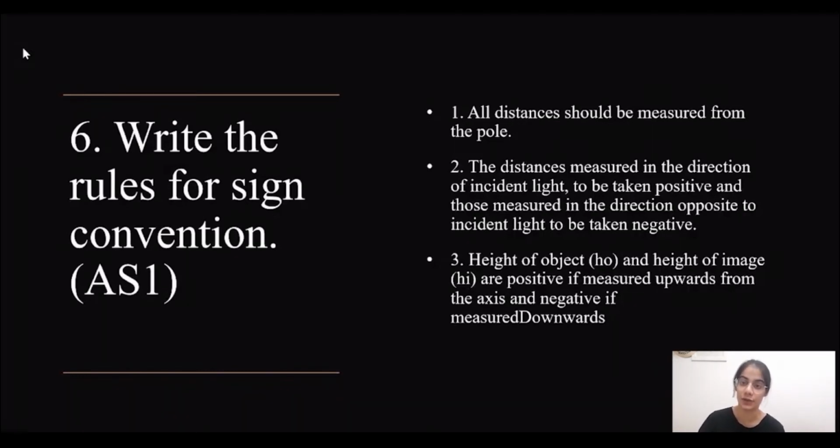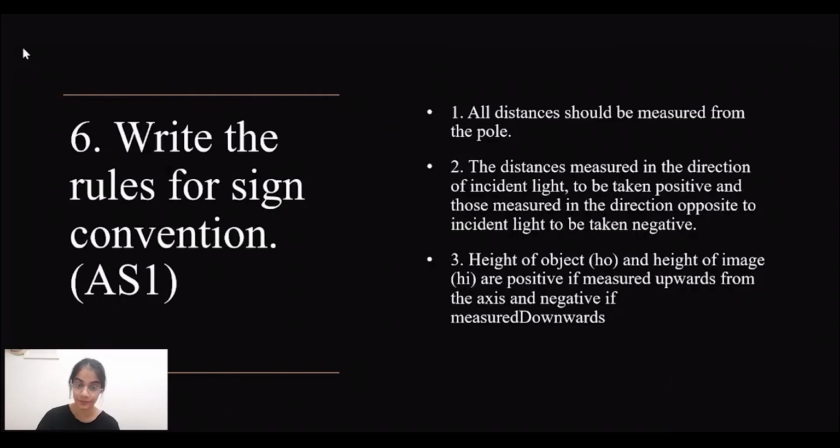Distances measured in the direction of incident light will be positive, while those measured in the opposite direction of the incident light will be taken as negative. Height of the object and height of the image are positive if they are measured upwards from your principal axis and negative if they are measured downwards. The reference is your principal axis.